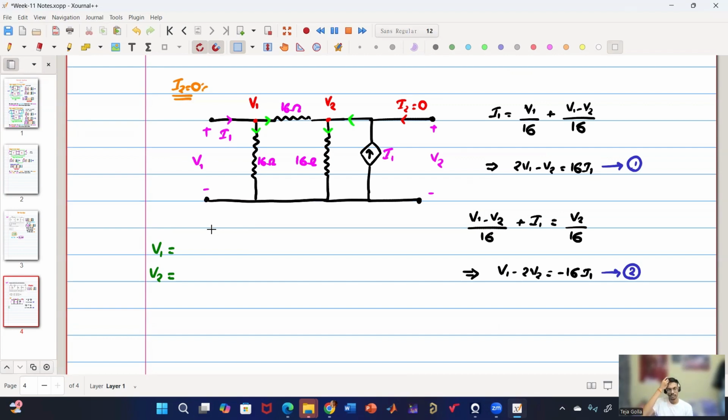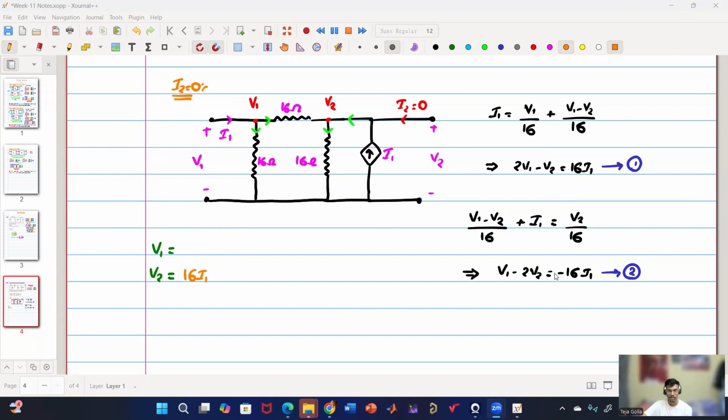Has anyone solved it? But what is V1 in terms of I1? I want V1 in terms of I1 as well as V2 in terms of I1.